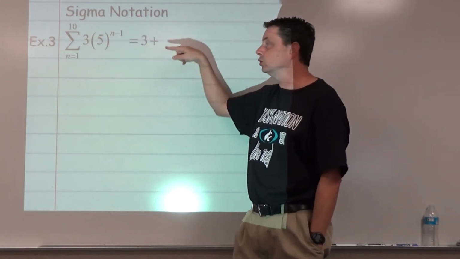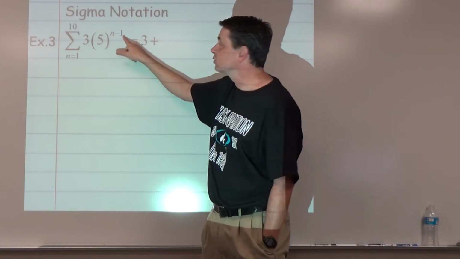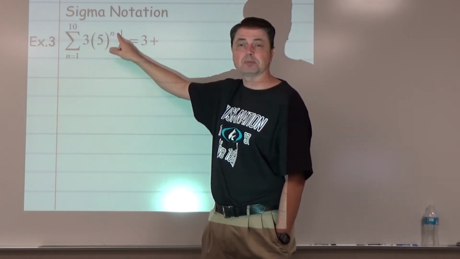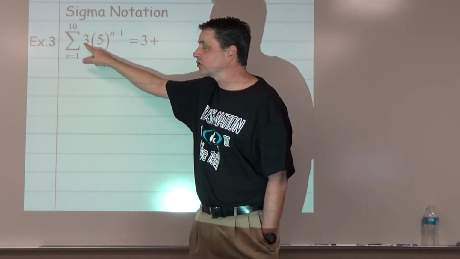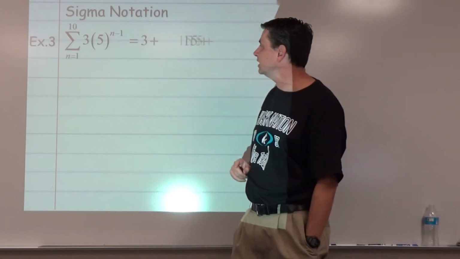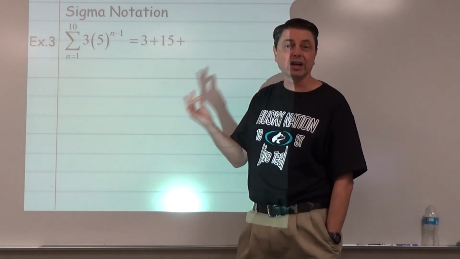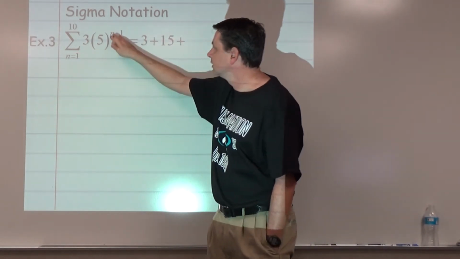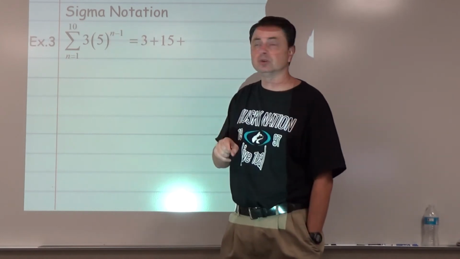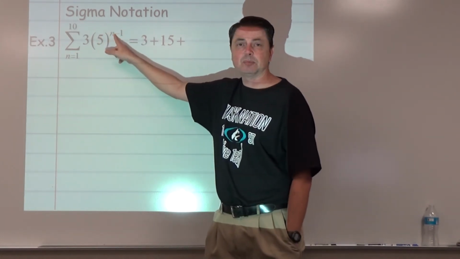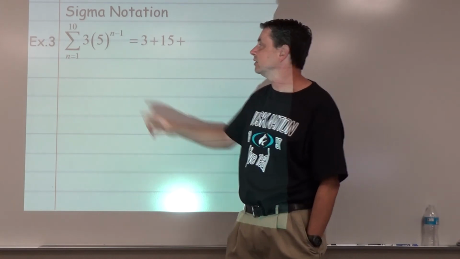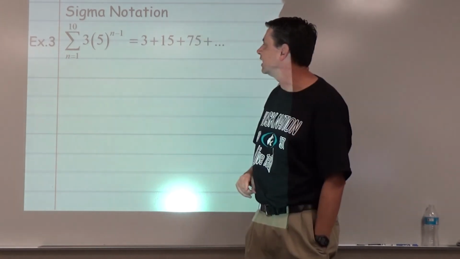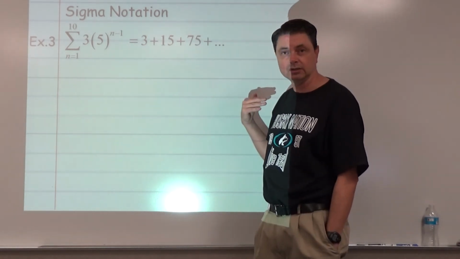Let's plug in a 2, see what happens. 2 minus 1 is 1. 5 to the first power is 5. Times 3 is 15. Let's try another one. Plug in a 3. 3 minus 1 is 2. 5 to the second power is 25. Times 3 is 75. And so on.